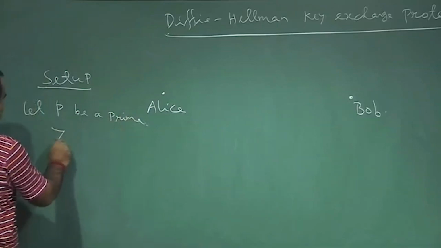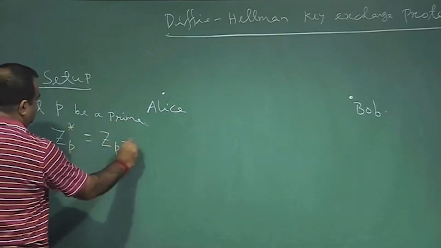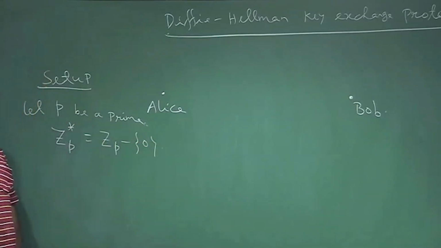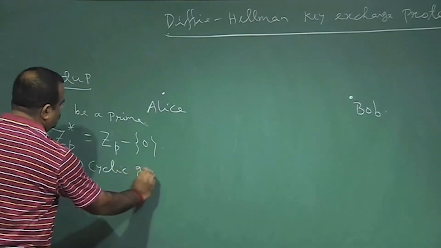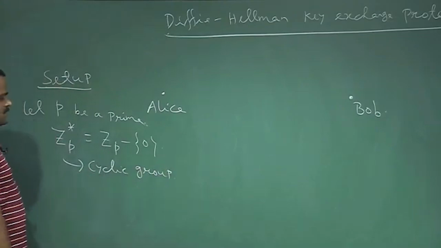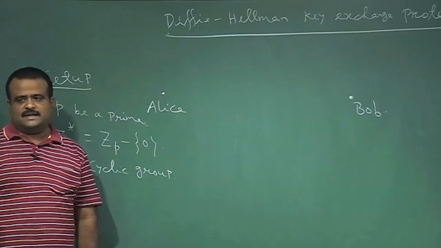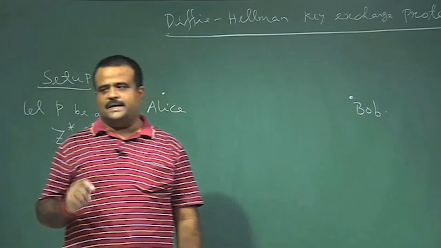Now we consider Zp star, which is basically Zp minus 0, and we know this is a cyclic group. And this P we make public. So Alice can communicate with Bob over the public channel, the phone, this prime P.